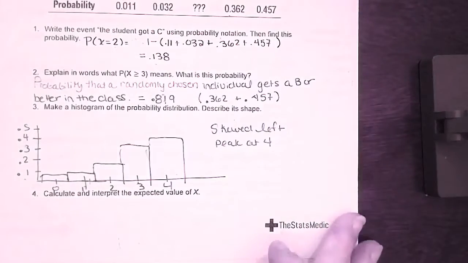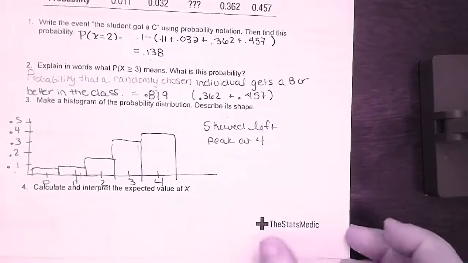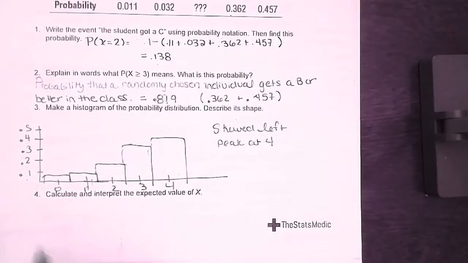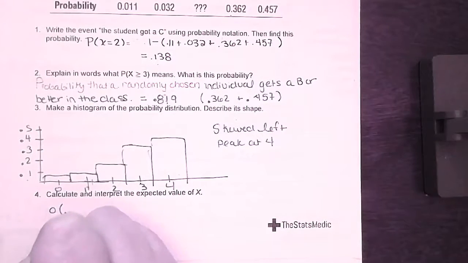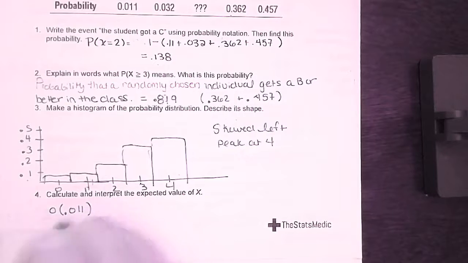So let's calculate and interpret the expected value. That is, again, you multiply the number times the probability. You multiply 0 times this, which just gives you 0.